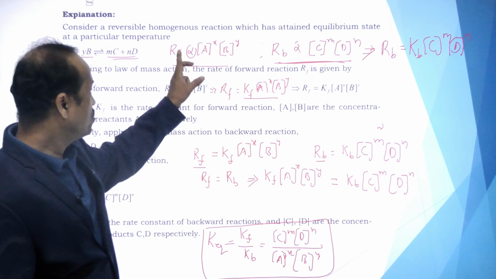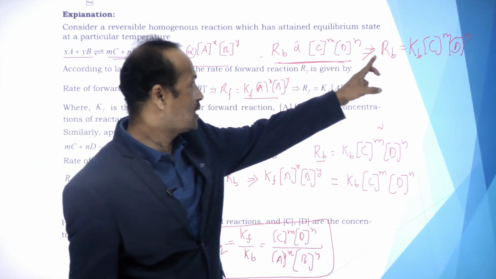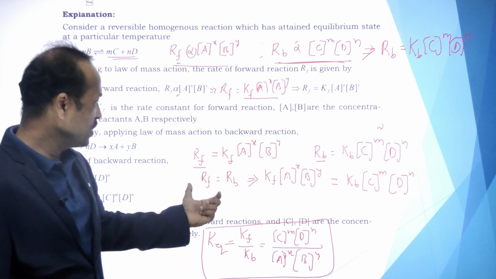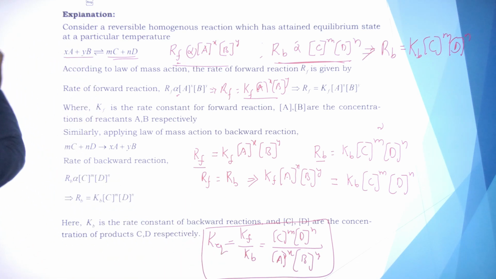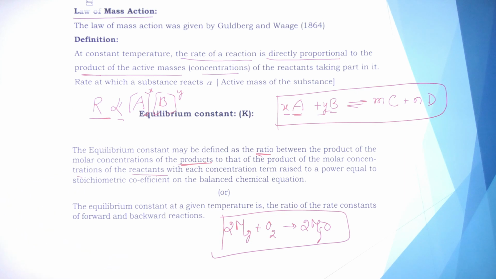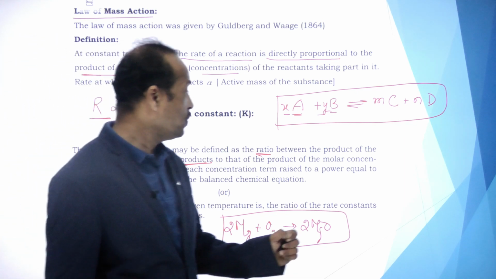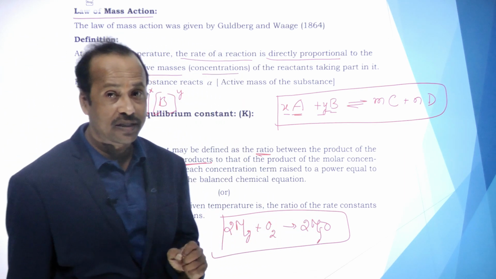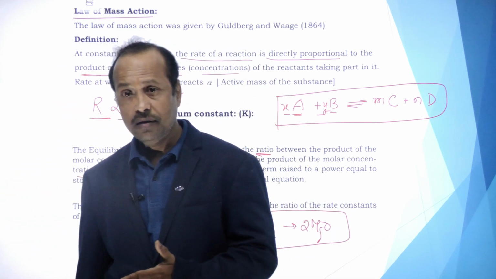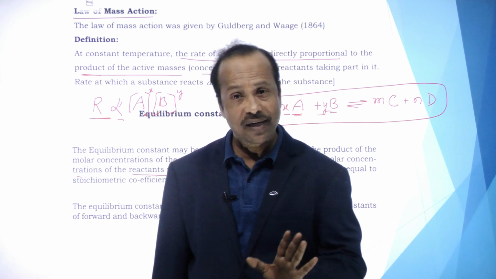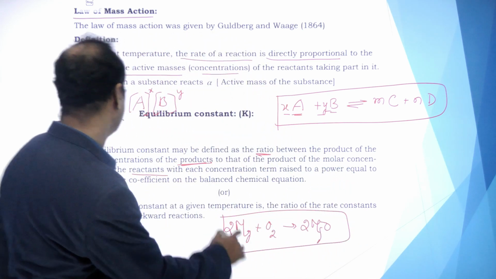So now we can write this in this way. On finding the ratio at equilibrium, we get this one. This is called the equilibrium constant, and the definition is here. The equilibrium constant is defined as the ratio of the product of the concentrations of the products to that of the reactants. Clear? So this is about this one.